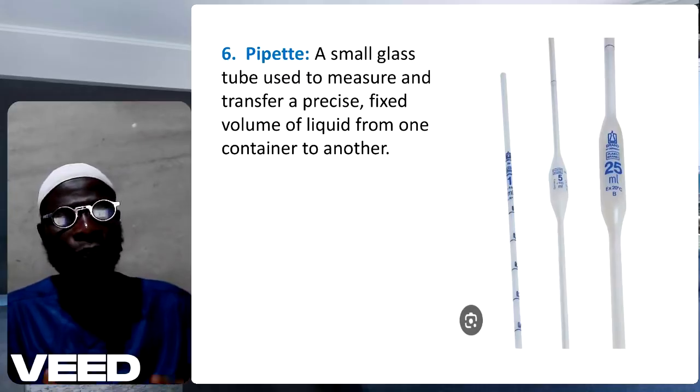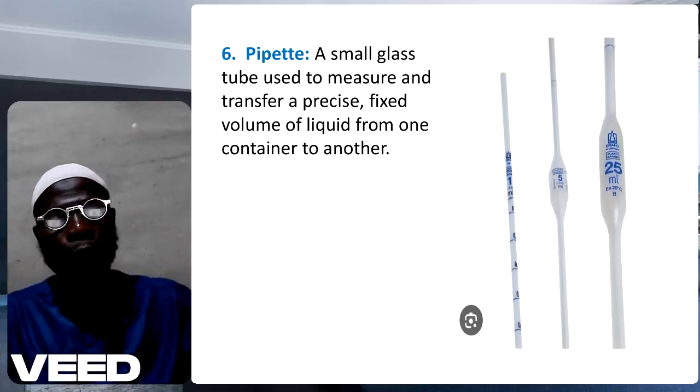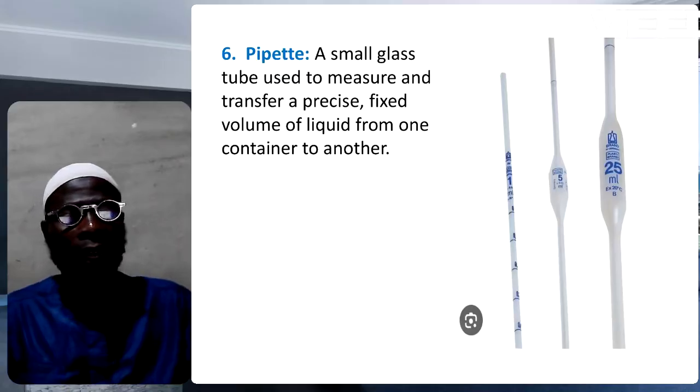It has a fixed measurement, 20 centimeter cube or 25 centimeter cube. We take the measurement of the base into the beaker or conical flask before we start pouring the acid into it.